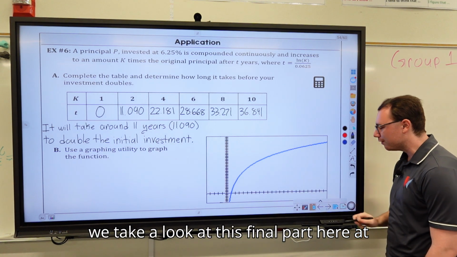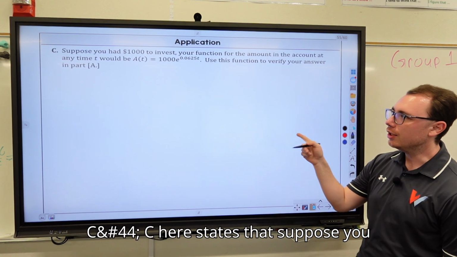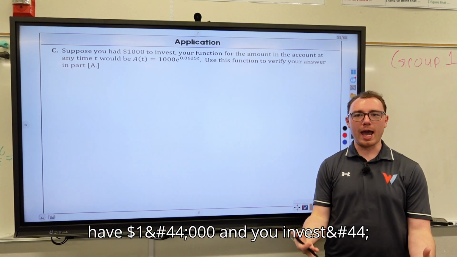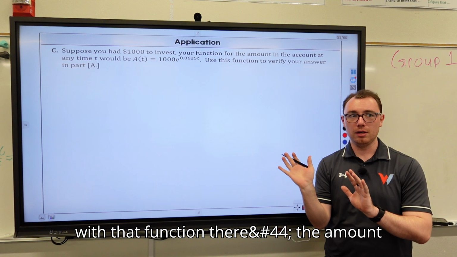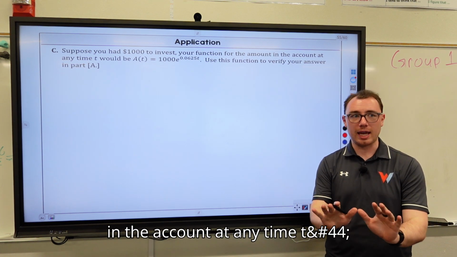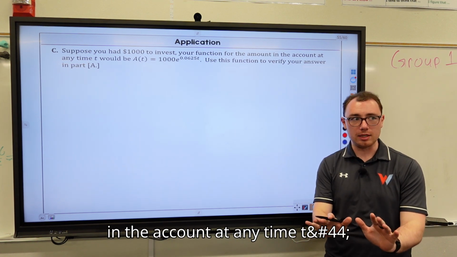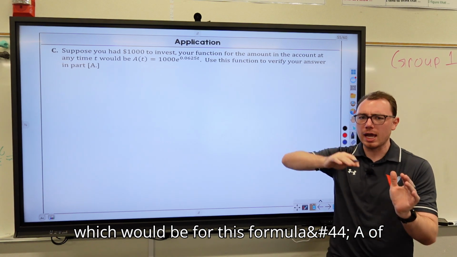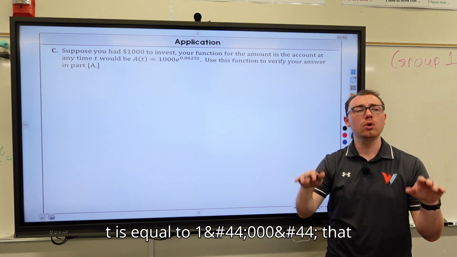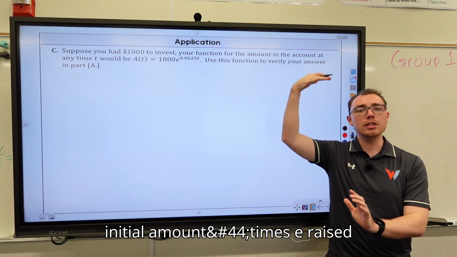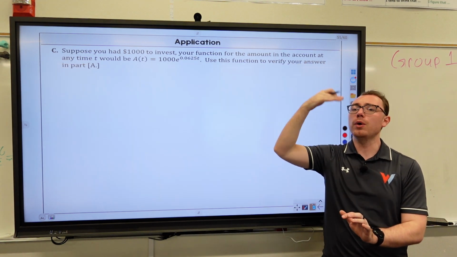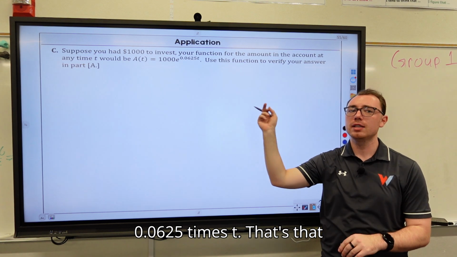If we take a look at this final part at C, C states that suppose you have $1,000 and you invest with that function, the amount in the account at any time t, for this formula, A of t is equal to 1,000, that initial amount, times e raised to the power of 0.0625 times t.